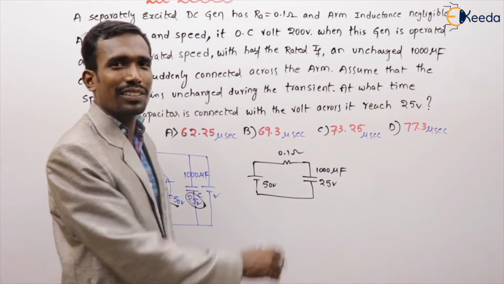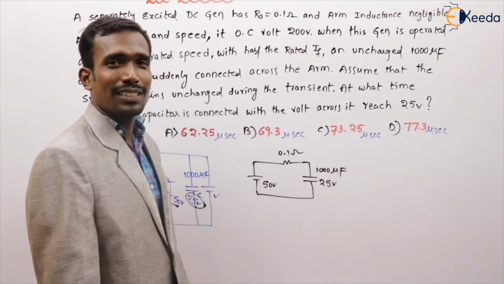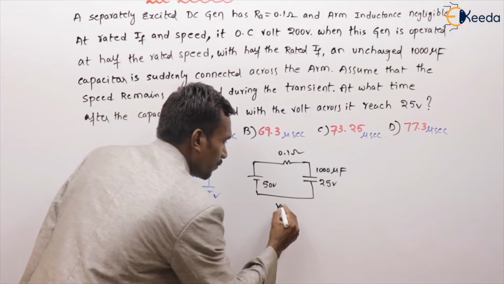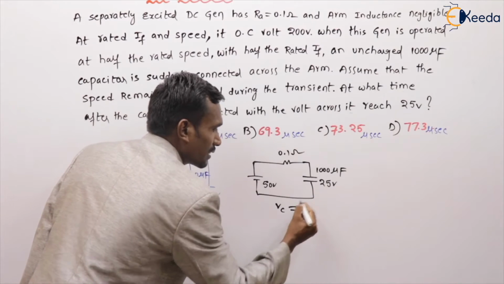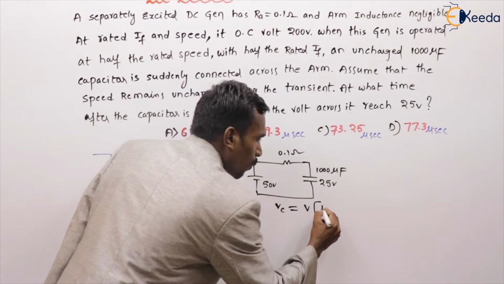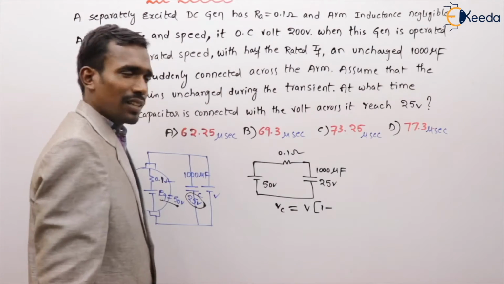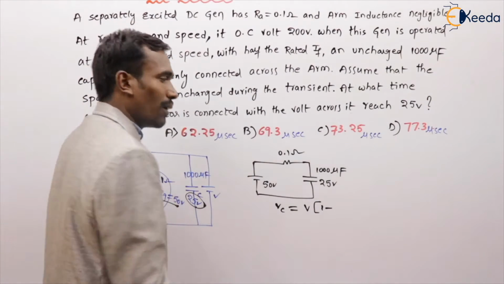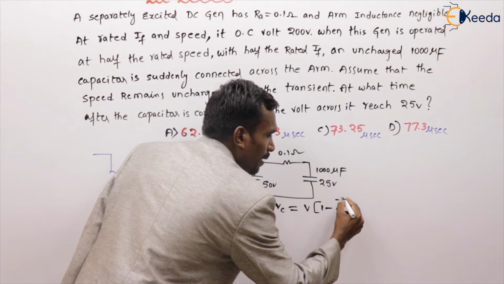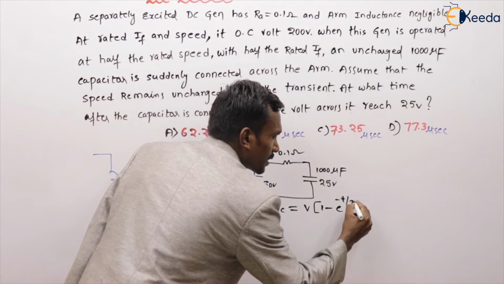Now we are in network theory, right? Tell me what is the loop equation for this. The voltage across the capacitor is equal to the source voltage into 1 minus e to the power of minus t by tau.